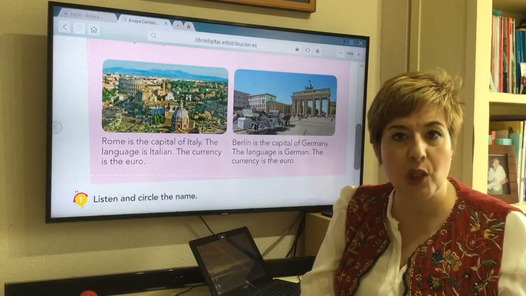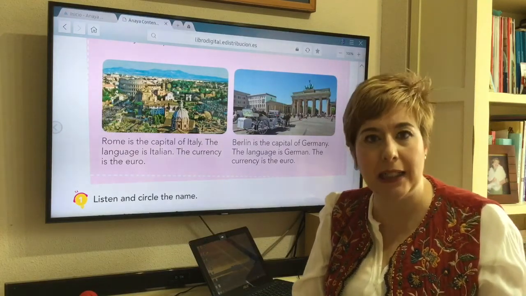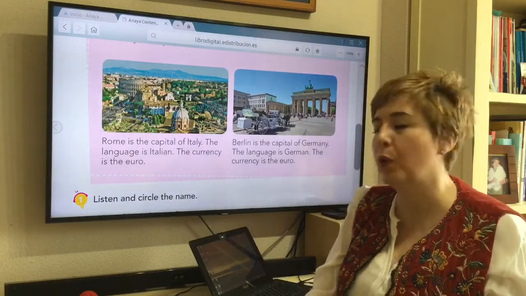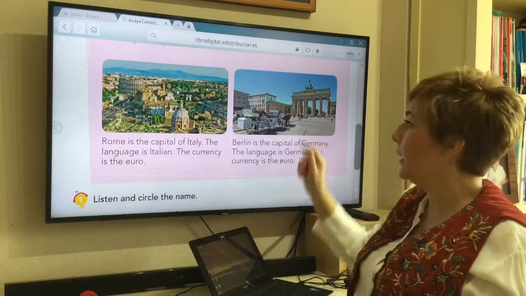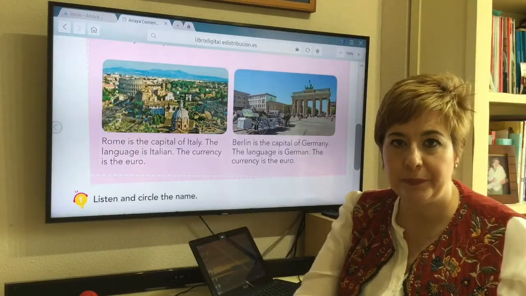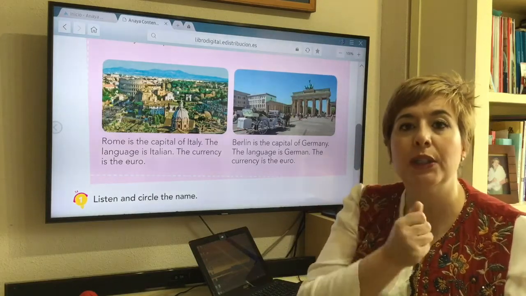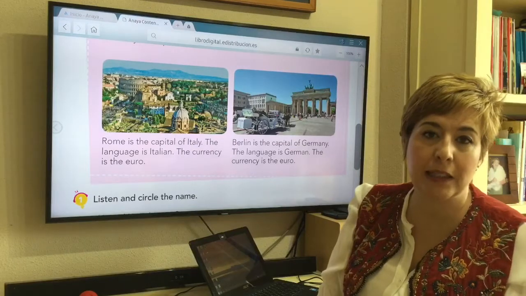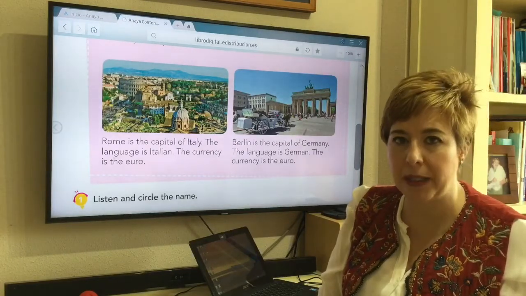The language they speak is Italian. And the money they use is the euro. The capital of Germany is Berlin. The money they use is the euro. And the language they speak is German.